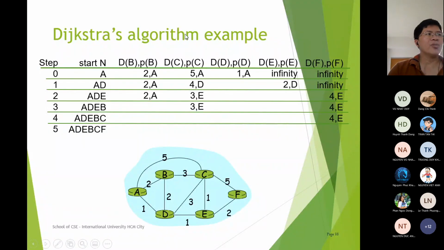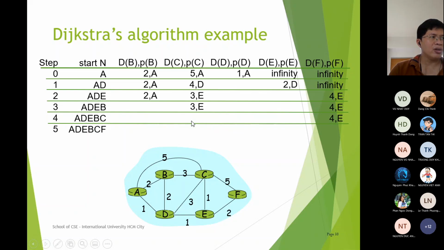So we have this algorithm. Let's say we have the step here. We have the mark on nodes, and we start here. We have all of the nodes on top as the header here.